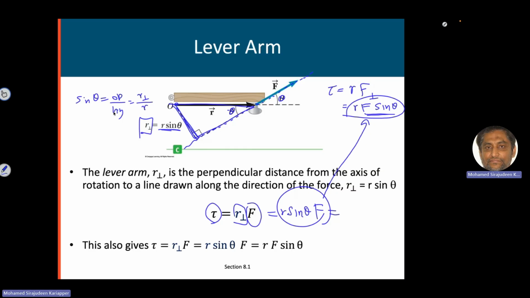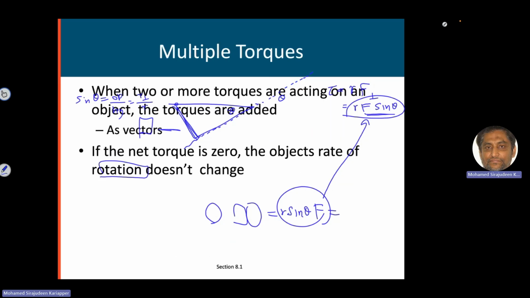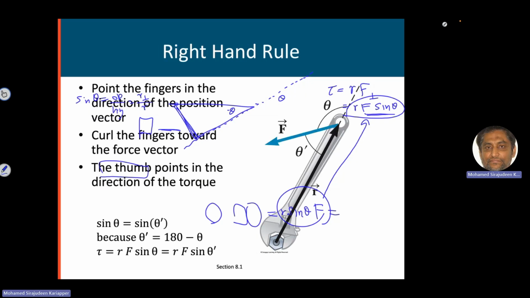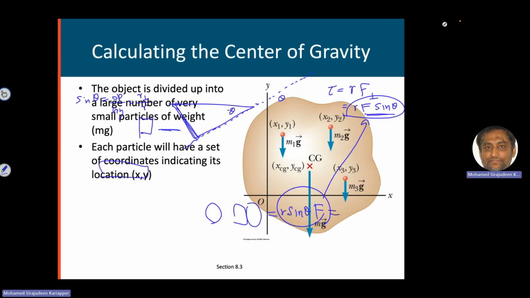This R perpendicular has a name: we call it the lever arm. So we can alternatively calculate the magnitude of the torque by this equation. I get the total force, not the perpendicular component, multiplied by the perpendicular distance of the force to the pivot point.